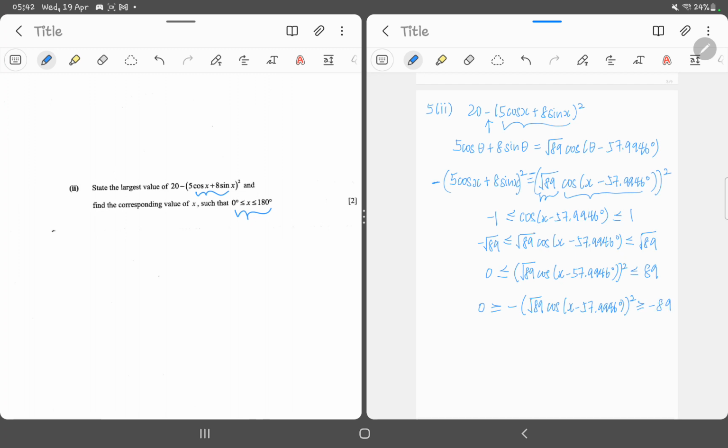In this case, we know that this trigo expression over here is equals to minus bracket 5 cosine x plus 8 sine x bracket whole thing square. So I'm going to replace that, and I get this over here.